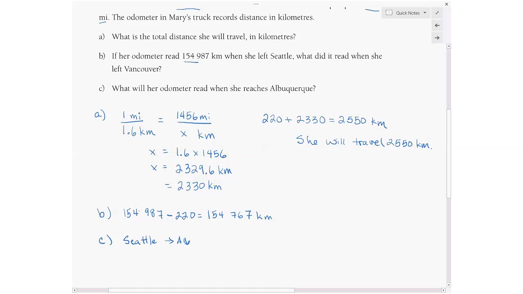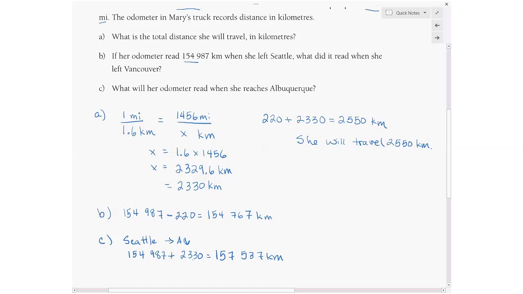She's there, so 154,987, and she goes another 2,330 kilometers. That's going to give me 157,537 kilometers. Okay, so that's what it's going to read when she reaches Albuquerque.